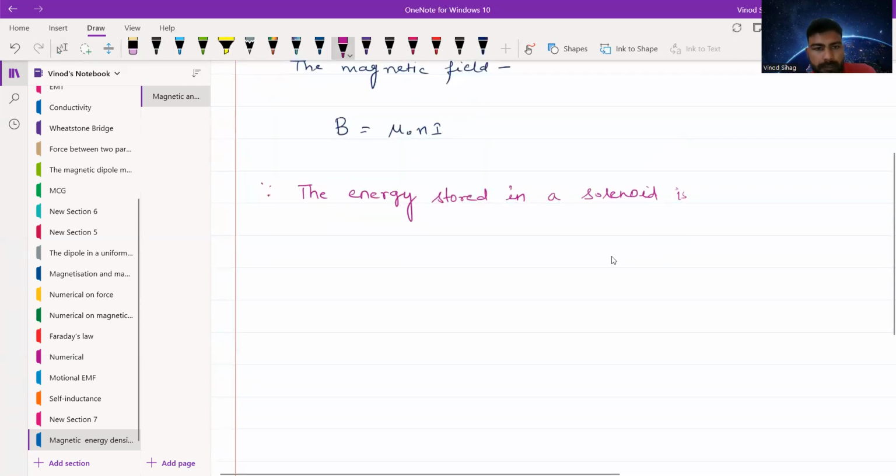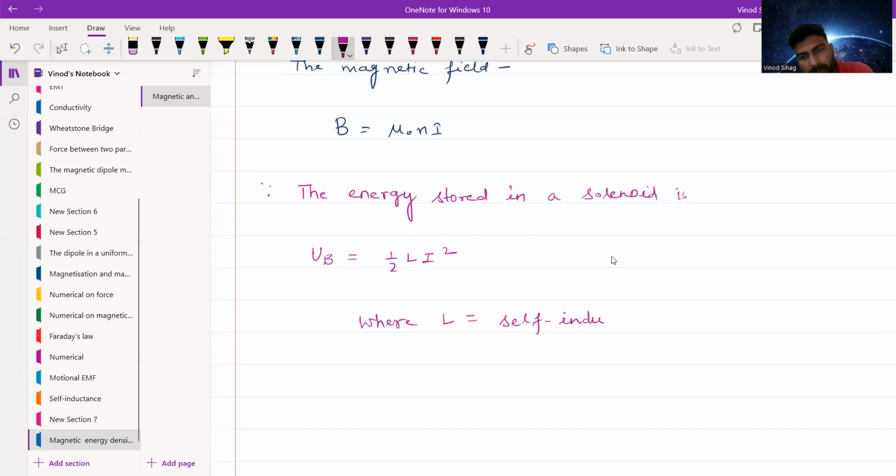As we know, it is 1 by 2 L I square, where L is the self-inductance of the coil.